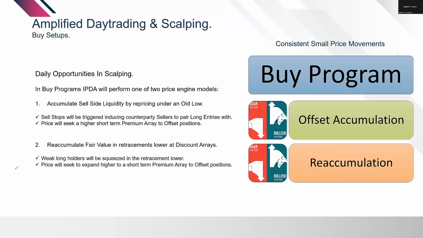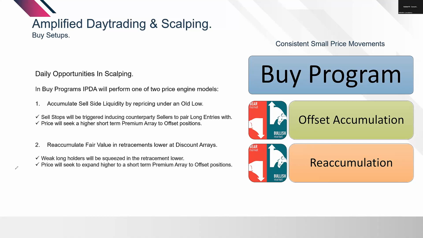The second engine model that is performed is reaccumulate fair value in retracements lower at discount arrays. A week long holder is someone who's buying and exiting a position. You buy, you exit, you buy, you exit. You're not sure of what you're doing.